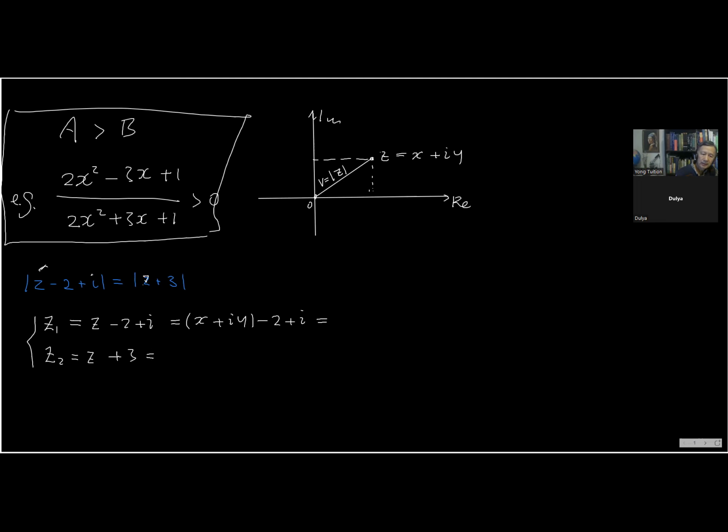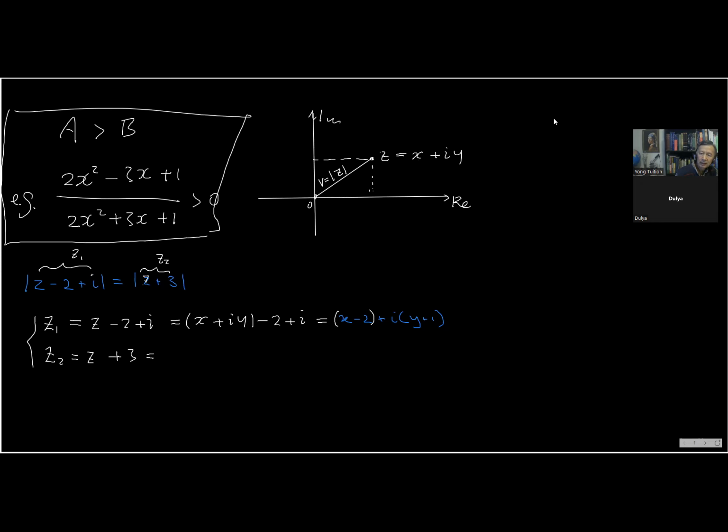We just denote this as z1 and everything inside as z2. Yes, we can put the imaginary number and real number together. This is our real number, this is our imaginary part, okay?